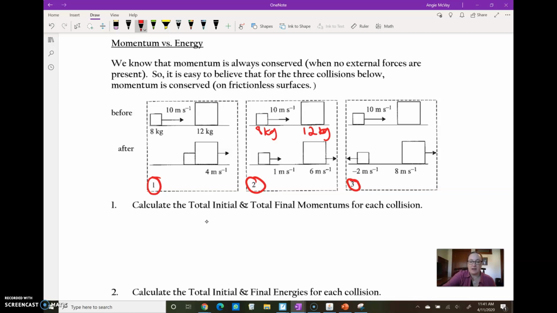It's what happens after the collisions that is different. In scenario 1, they collide and stick together. In scenario 2, they collide and both end up moving in the same direction at different speeds. And in scenario 3, they collide and bounce off each other and move at different speeds.